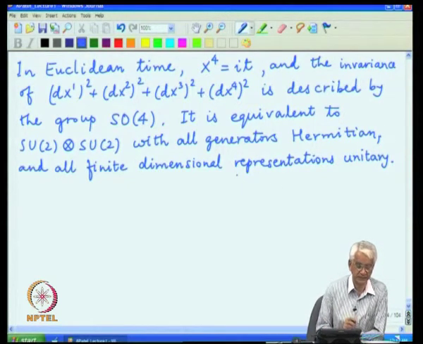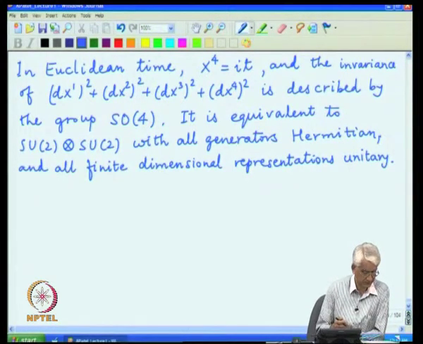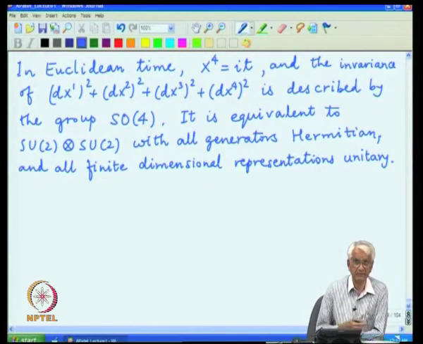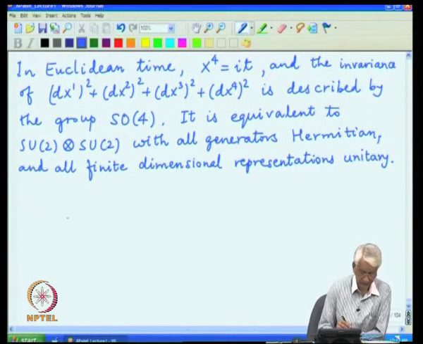There will be again the same 2 indices n and m, labeling them, and one can even describe the eigenvalues in this particular case, which become Hermitian operators. They were not Hermitian operators in case of Lorentz group.